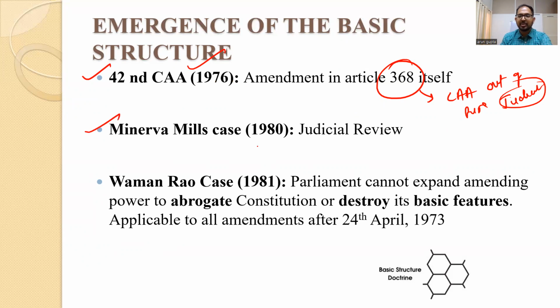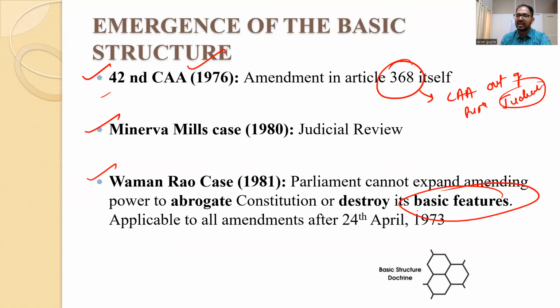However, in the 1980s, in the Minerva Mills case, judicial review was established and the court said the judiciary can review each and everything that is done by the Parliament. So judicial review is the basic structure of the Indian Constitution. This was again reaffirmed in the Waman Rao case of 1981, that Parliament cannot expand its amending powers, through this 42nd Constitutional Amendment Act, to abrogate the Constitution or destroy its basic features.